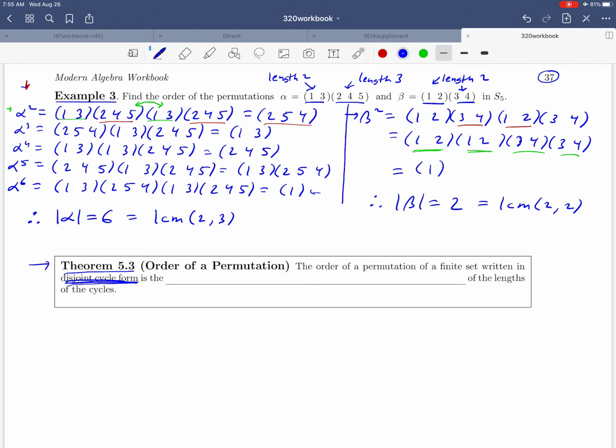To use this theorem, we need to have it in that form. If it is in that form, then the order is always going to be the least common multiple of the lengths of the cycles that make up the permutation. This is an observation that could be very useful to you when you're trying to determine the order of a permutation.